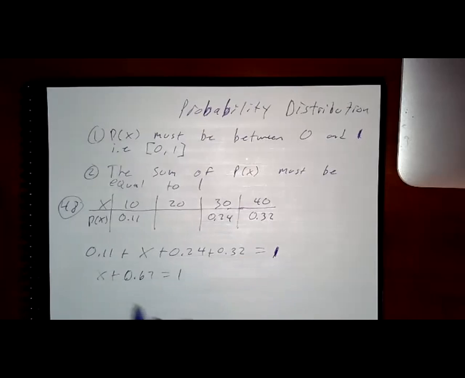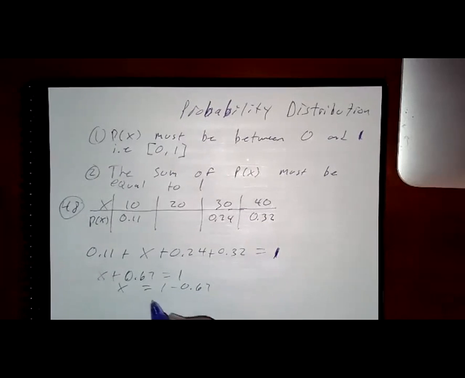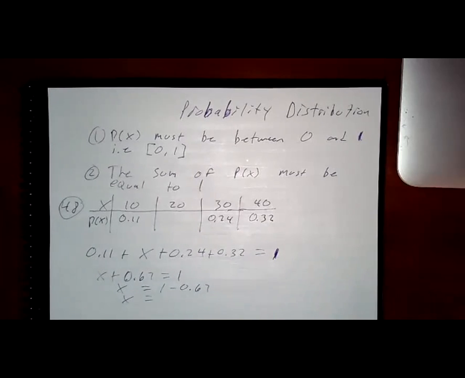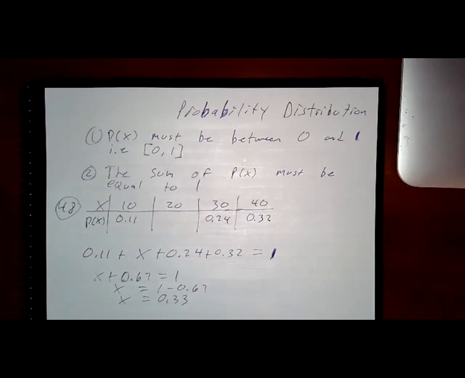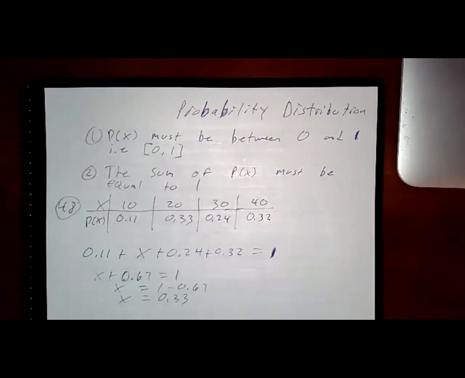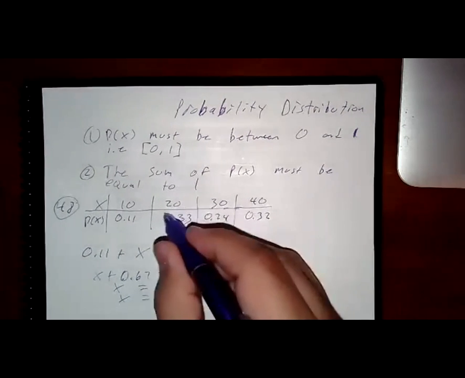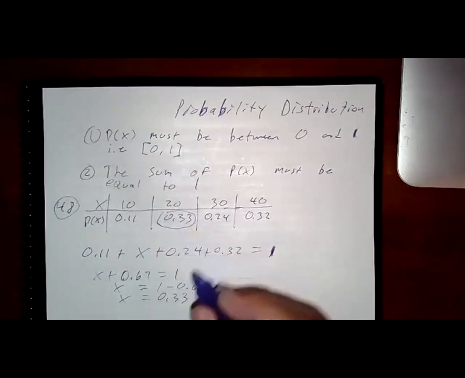So subtract the 0.67, and that will give you x. So you need a 0.33 right here. That's all you got to do. So that's what they're asking for, is this number.